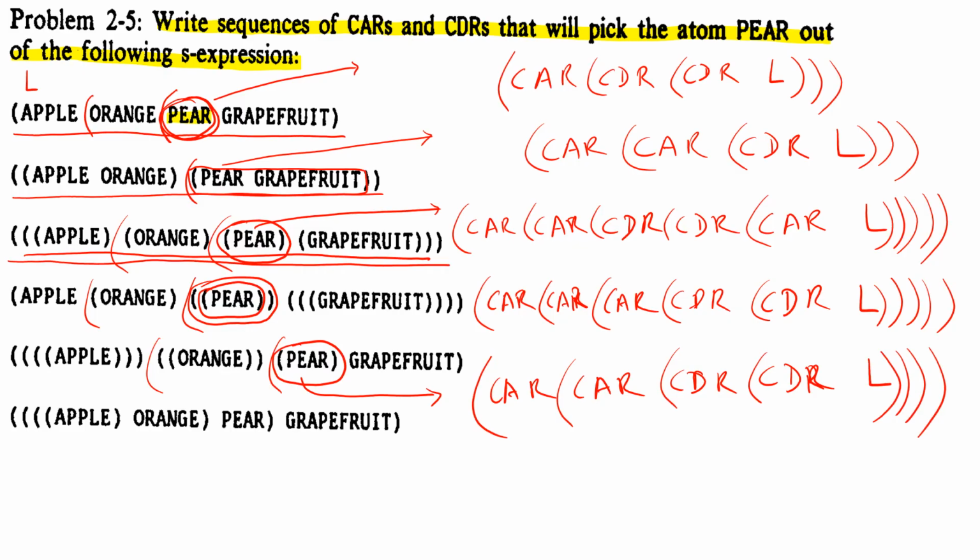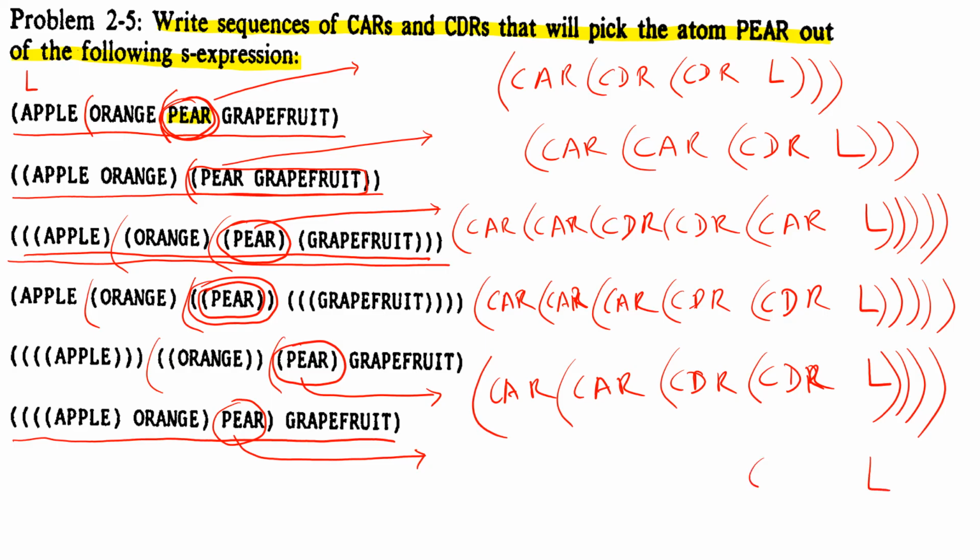Last case, we see that there is a list which contains only 2 elements. We wish to extract pear from this. So how can we extract pear from this? Imagine this is the list given to us.